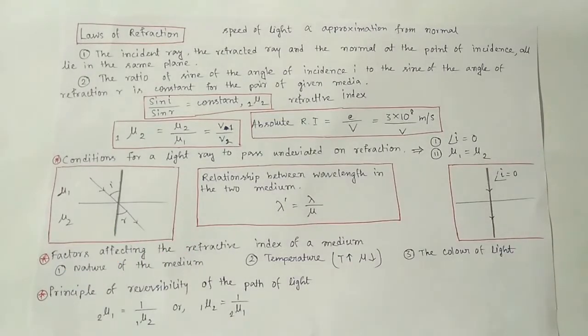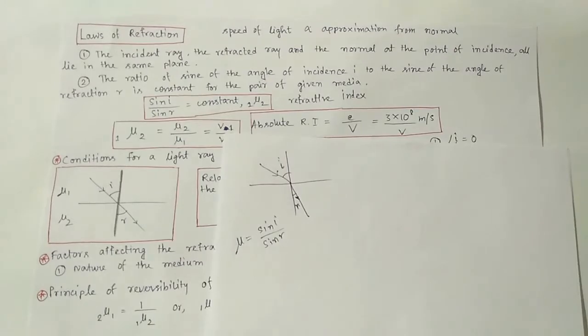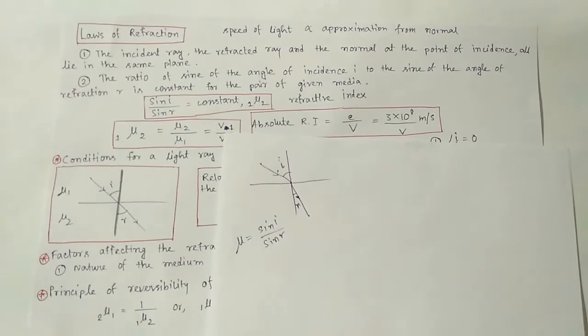Now the next thing, temperature. With an increase in temperature, mu will decrease. It means that with an increase in temperature, the force of attraction between the molecules or atoms of any gas, liquid or solid medium decreases, so their density will decrease with a rise in temperature.